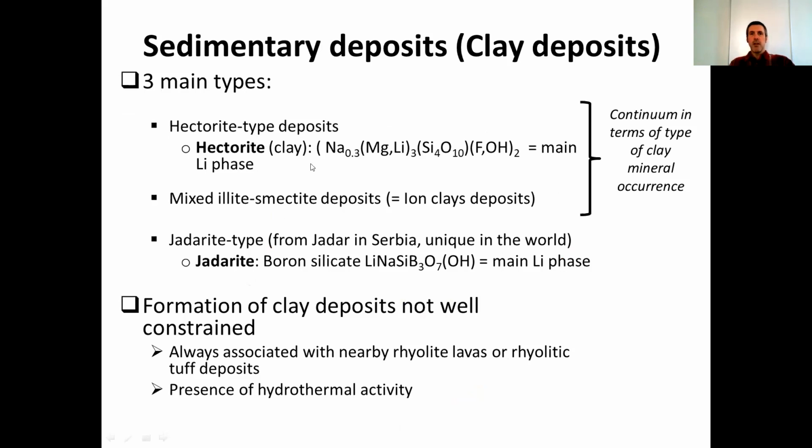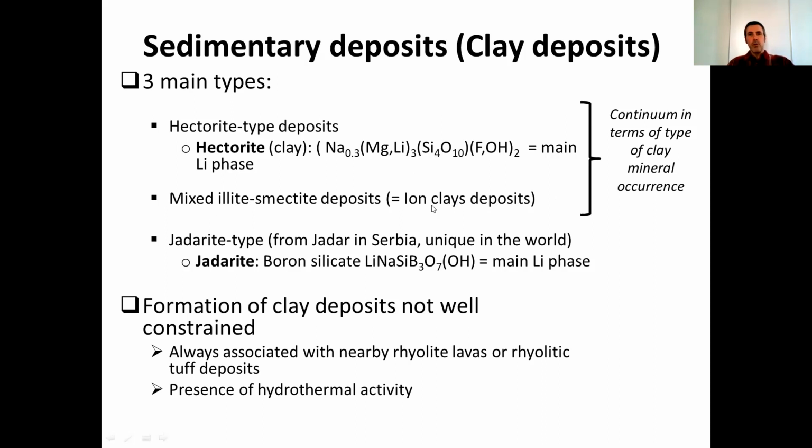Hectorite is a clay mineral with this kind of chemical formula, and that is the main lithium phase in this kind of deposit. We have also deposits formed by mixed halite smectite deposits. We call them iron clay deposits. I will not insist on this term.